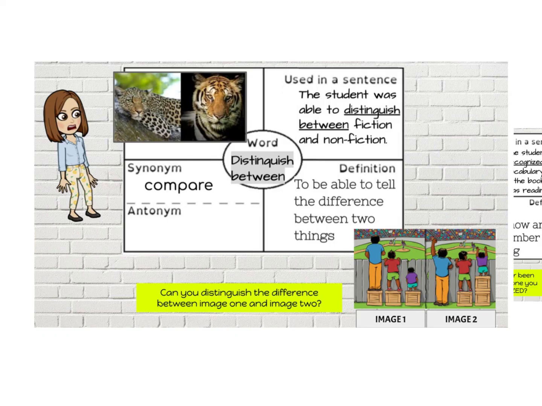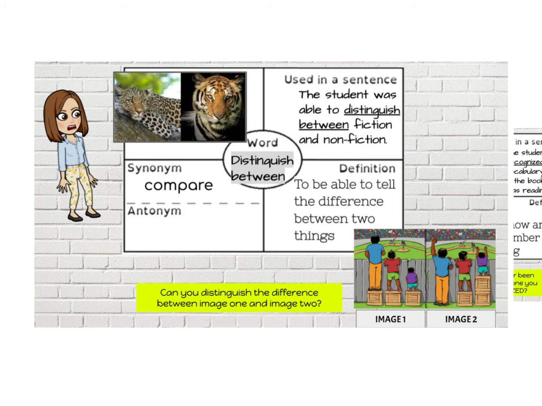Our second word for this week is actually 2 words. We will call it a phrase. Distinguish between. Notice our definition: to be able to tell the difference between 2 things. Notice my picture. There are 2 different felines or cats. We have a leopard and we have a tiger.